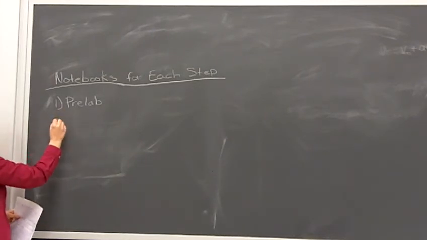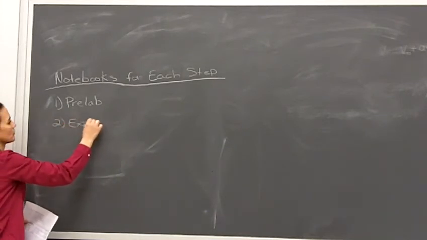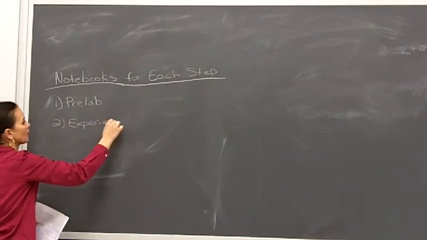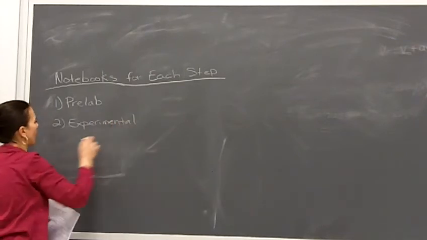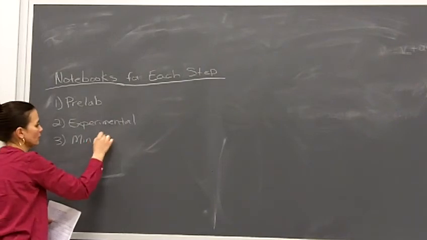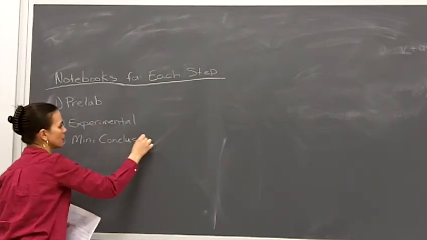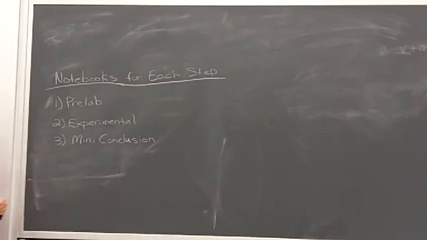So you'll have pre-lab, you'll have experimental, and then you'll have what we call a mini conclusion. And this is just a paragraph or 2 highlighting the results. What were the yield? What was the percent yield? What information did you get from the NMR spectrum?